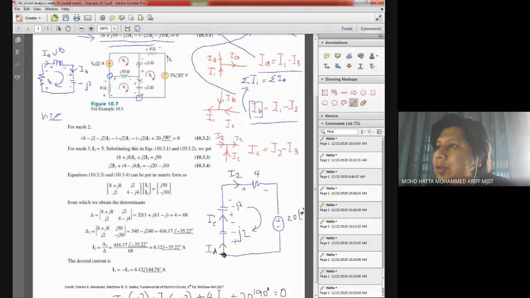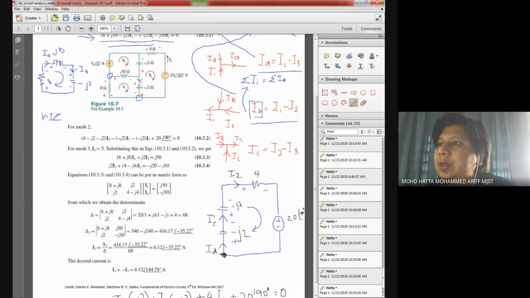The same goes for the negative j2 at the top here, it is not I2. Here must be a combination of currents, I don't know yet, and here also a combination of currents, maybe I3 and I2. This one is maybe based on I1 and also I2.